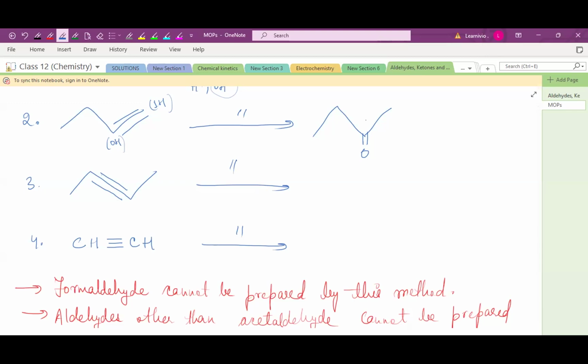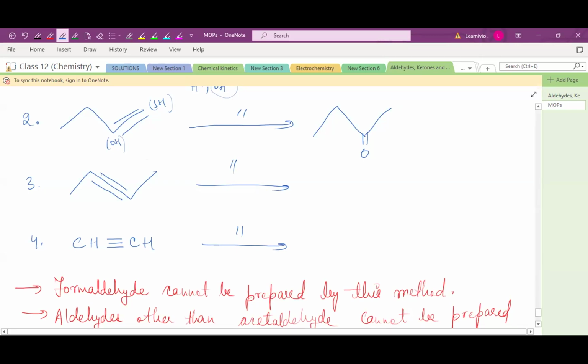The enol converts to the ketone by tautomerization. So no need to write the whole step in your exam if they don't ask for the whole mechanism. If they only ask for the major product, do that. Then your time won't be wasted, and you can get the product in very little time.